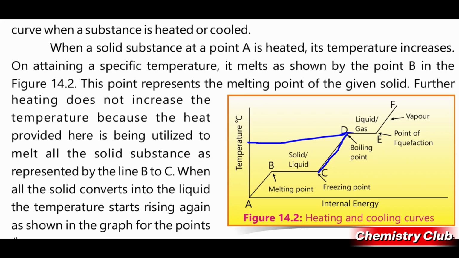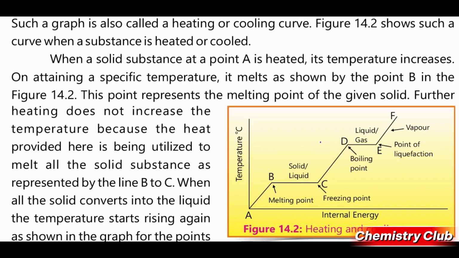Again, when we are providing heat from point D to E, there is no change in temperature. All of the heat provided is being used to convert this liquid to the gas phase, and there is no change in temperature.